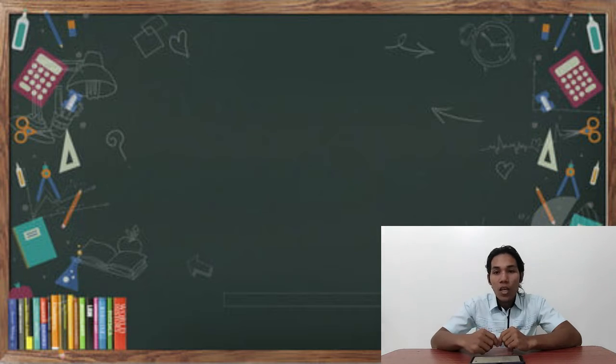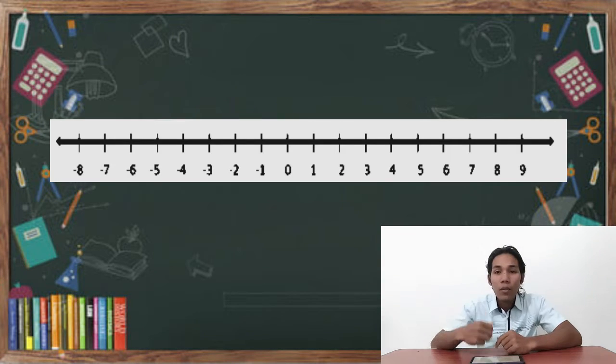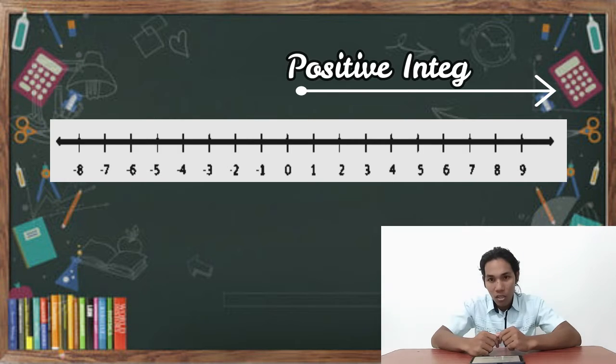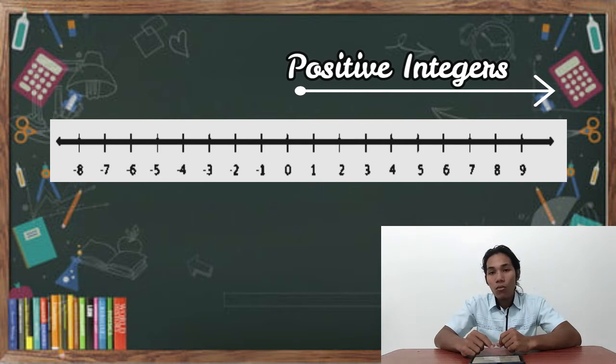Here above I present to you an example of a number line. To the right side, greater than 0, are the positive numbers or positive integers: from 0 to 1, 2, 3, 4, 5, and so on.